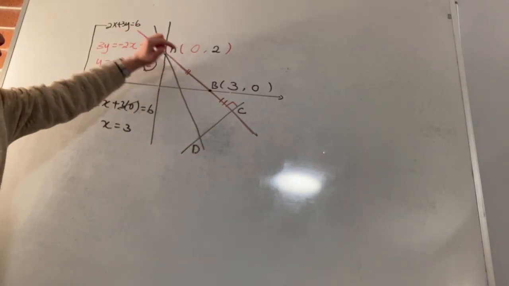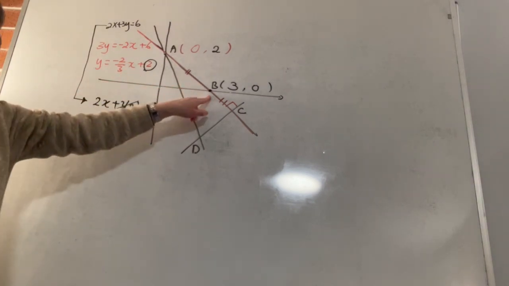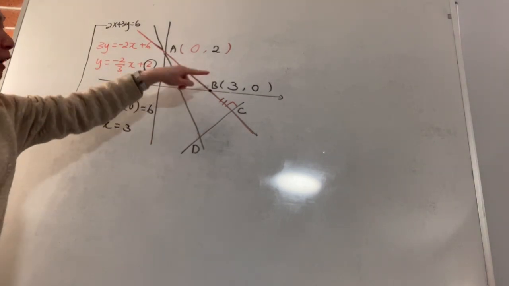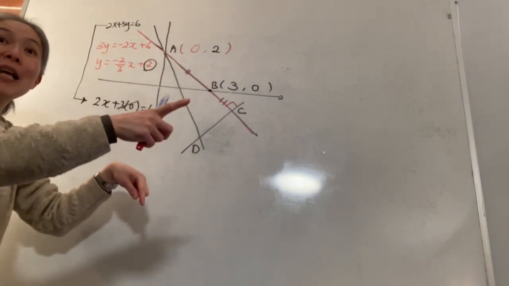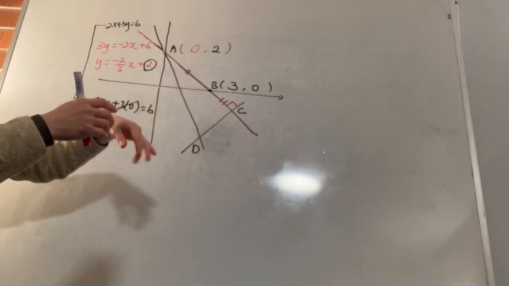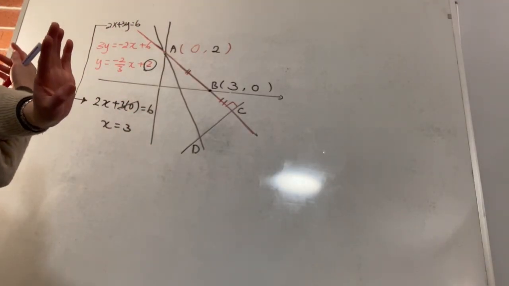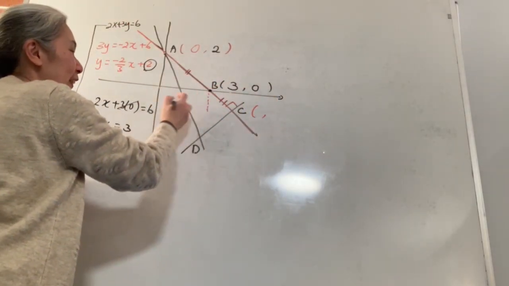So from A to B, I need to go down by 2 and go across by 3. If I go from B, go down by 2, go across by 3, what is the coordinate I'm going to hit? Minus 2, minus 3. You go down by 2, you are at minus 2.